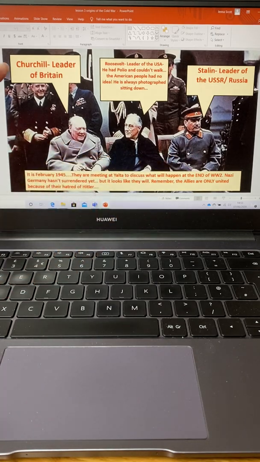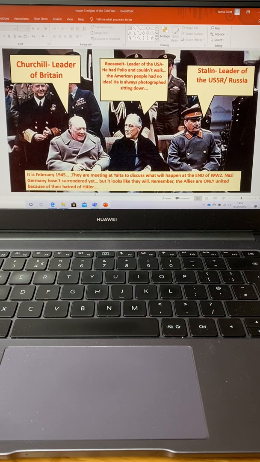All right, read the bits of information. Really interesting about Roosevelt in terms of his own poor health and how they always hid that from the American people. It very much alludes to that in the film Pearl Harbor, if you've ever watched that. You see him in a wheelchair, but again, remember that's all hidden.